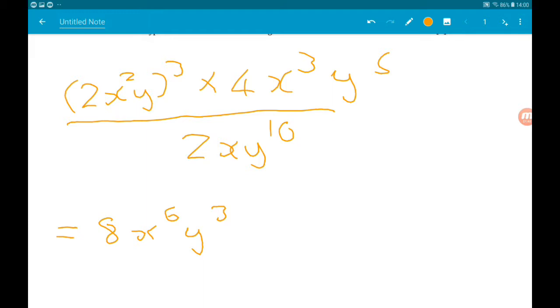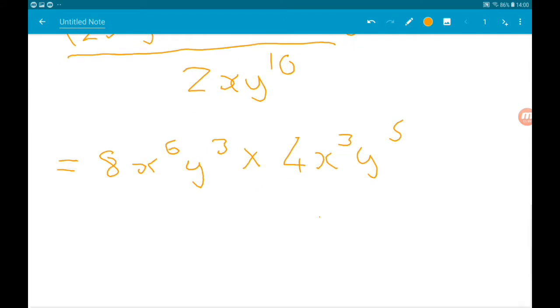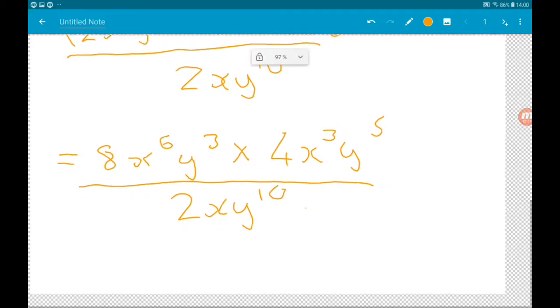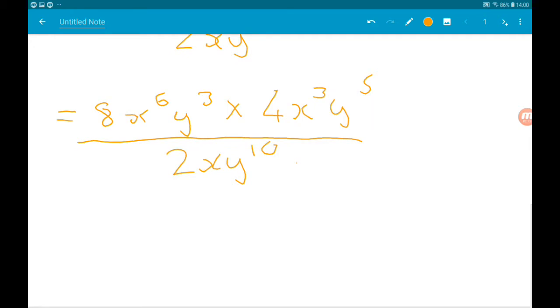So then that's multiplying 4x cubed y to the 5 all over 2xy to the 10. Okay, now we can combine the terms on top. What we do is we deal with each type of term one by one.